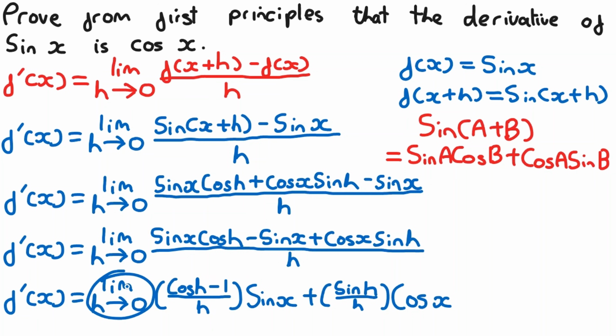Remember to write for every line of working still this limit as h approaches 0. And then for this term here, I'm going to factorize out the cos x, so therefore this is now just going to be sin h, still going to be over h, so it's going to be like this here. So we've rewritten f dash of x.